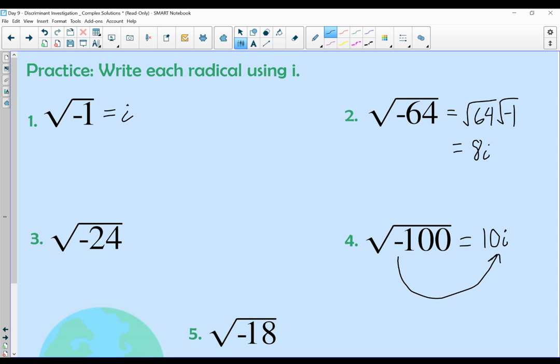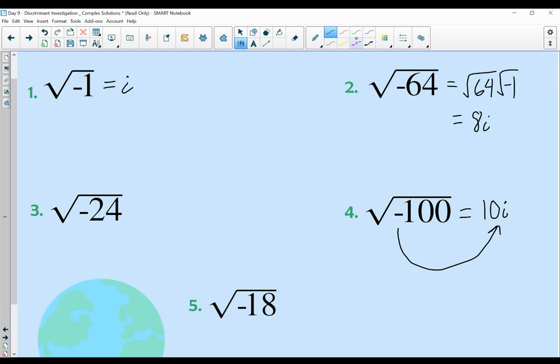All right, 3 and 4 are not perfect squares, but they might have some perfect squares hidden inside of them. So I'm looking at 24, and I know that 24 factors into 1 times 24, not helpful so far, 2 times 12, not helpful so far, 3 times 8, not helpful so far, and 4 times 6. 4 is the only perfect square I have here.